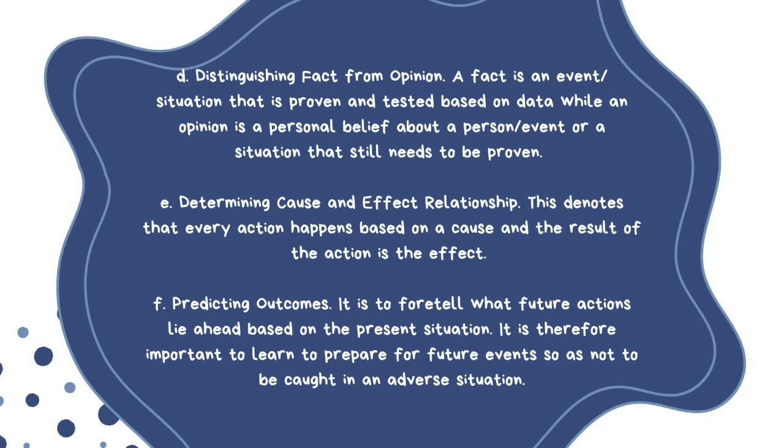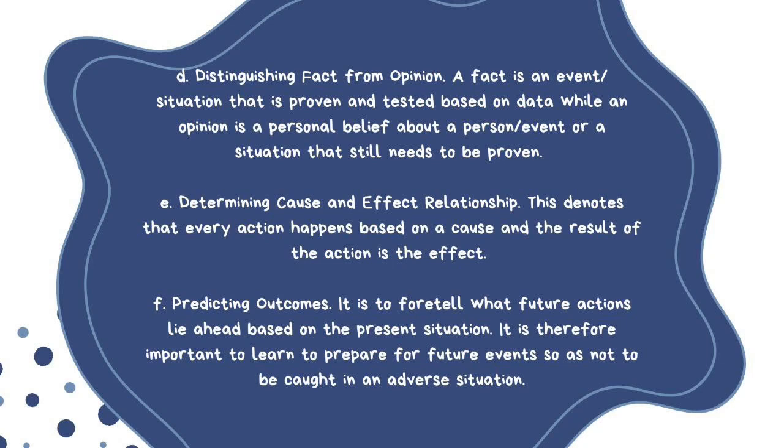Next is distinguishing fact from opinion. A fact is an event or situation that is proven and tested based on data, while an opinion is a personal belief about a person, event, or situation that still needs to be proven.